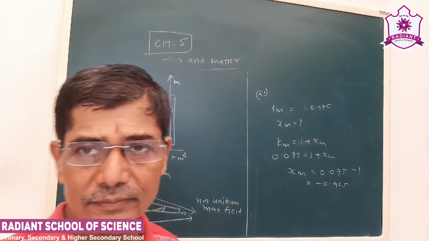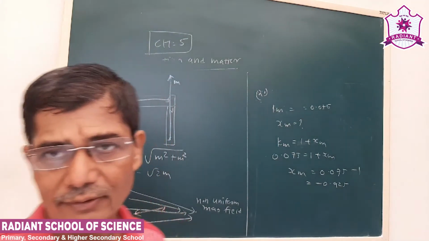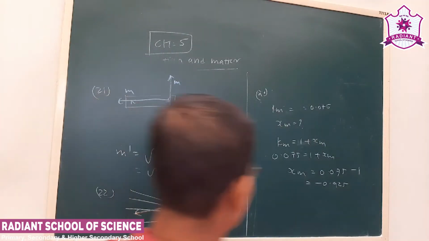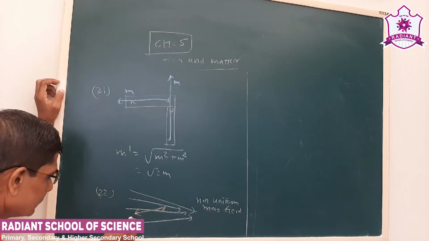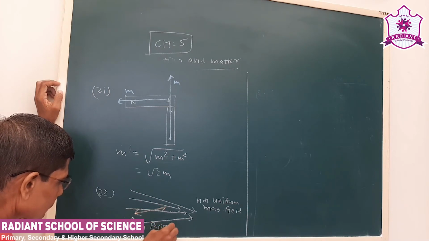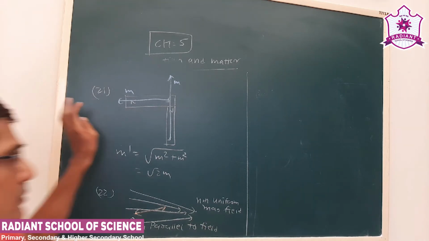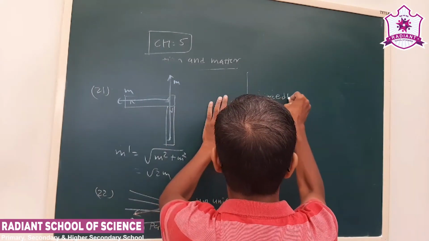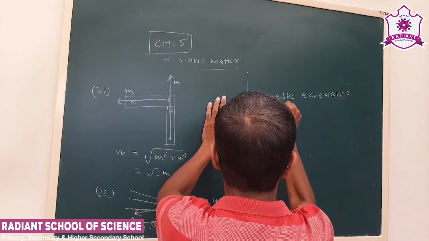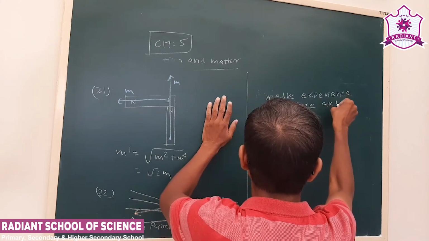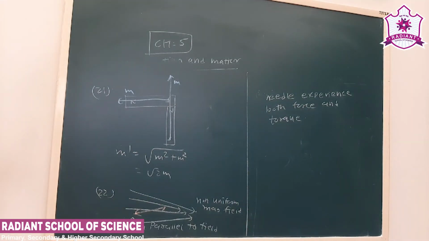So it will have a net force, and that will be non-collinear, so it will produce torque. So when a magnetic needle is placed non-parallel in a non-uniform magnetic field, it experiences both force and torque. Okay, so this is our MCQ number 22.